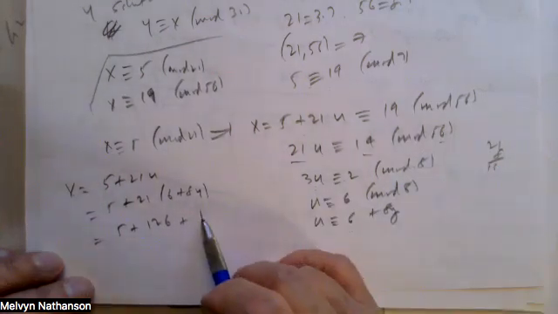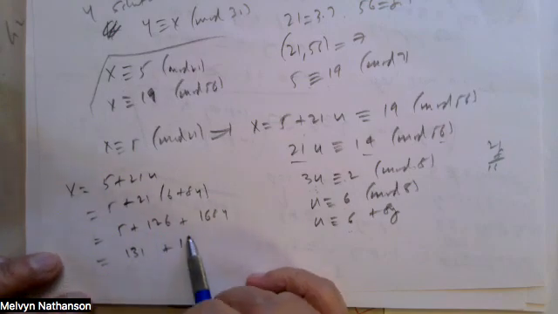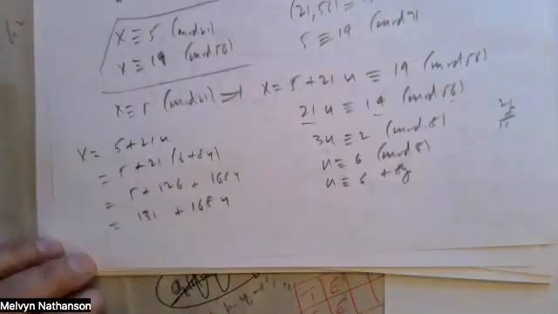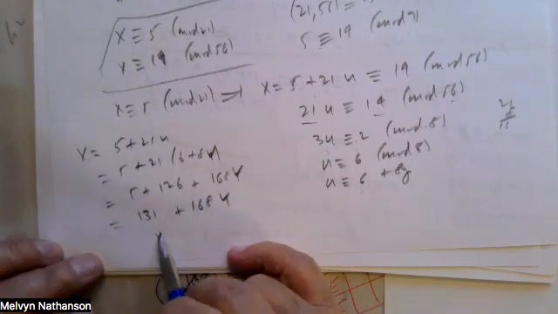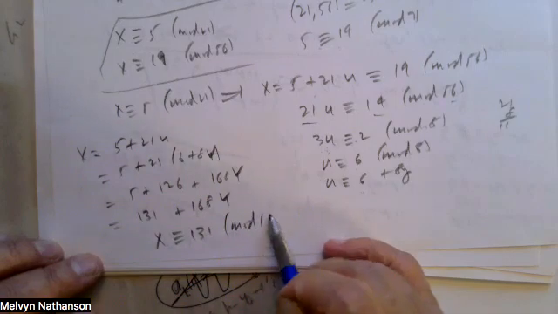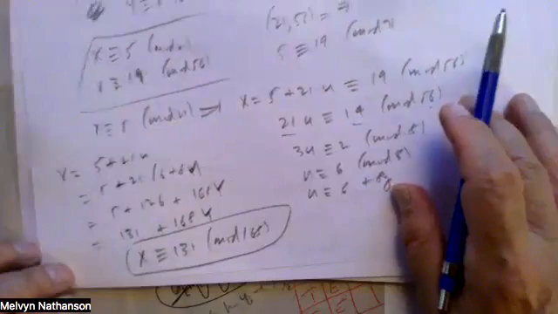It is 168, so plus 168y. So this is 131 plus 168y. So for this pair of congruences, the solutions, any number x congruent to 131 mod 168, gives all the solutions of this set of congruences.